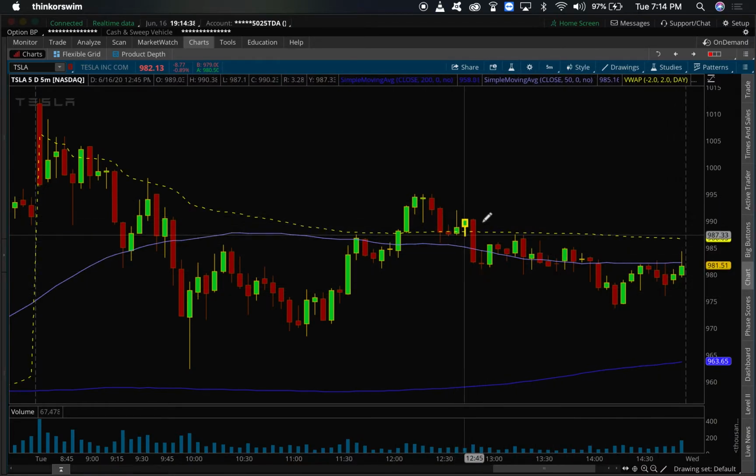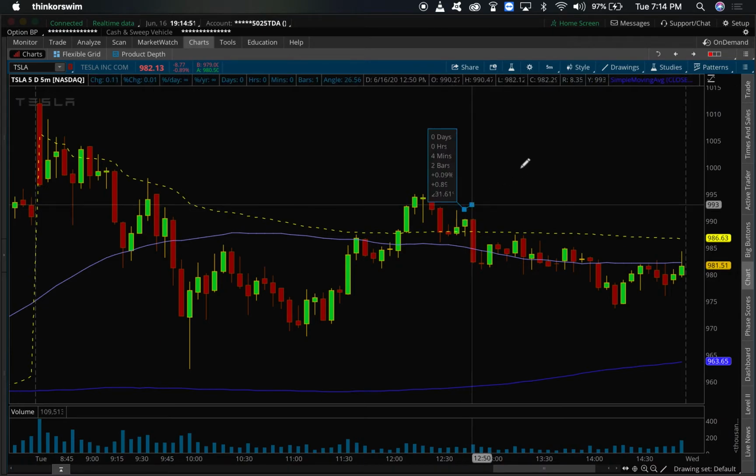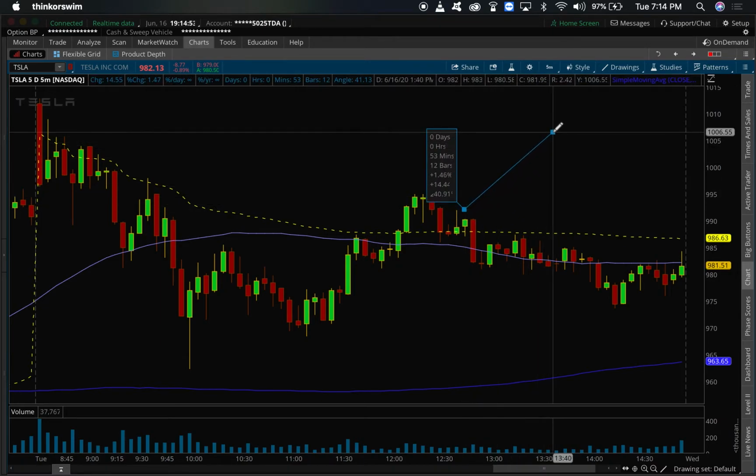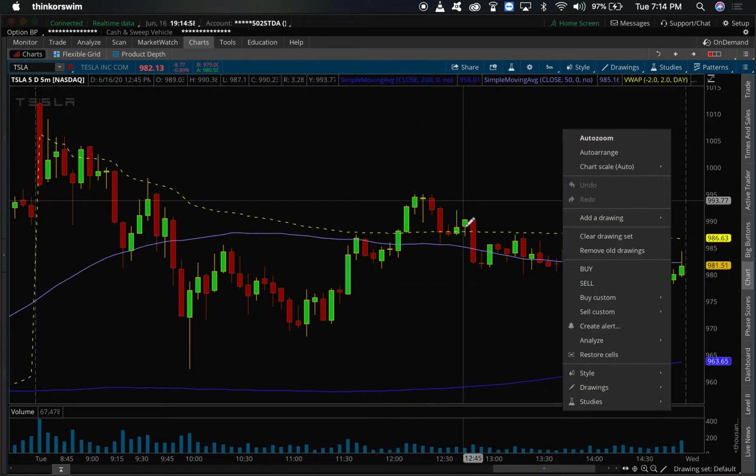Had you gotten in, this would have been a good entry around this area. For me, I like it to break above the previous candle that it closed above, so an entry around 992, with the chart telling you that you're going to be moving forward, and that's generally what should happen when you get a bounce on a VWAP.